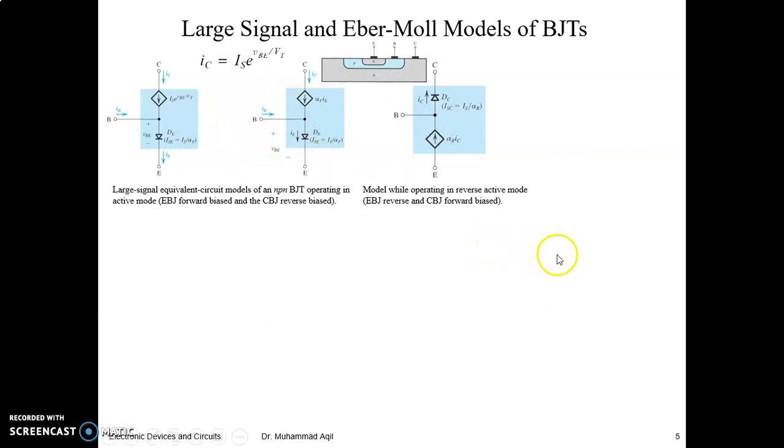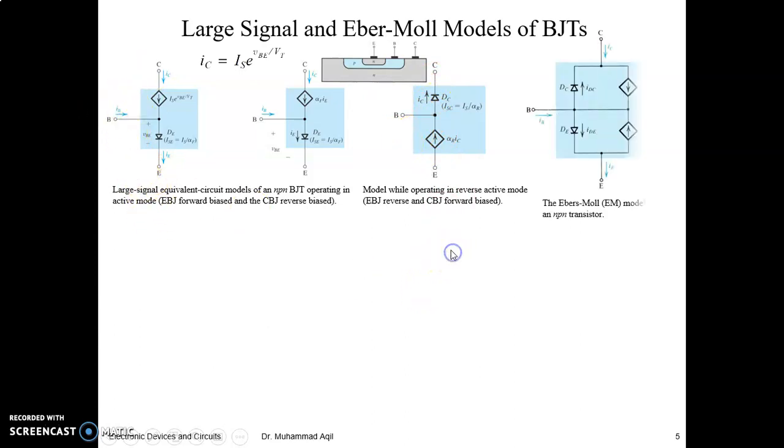So the Ebers-Moll model said that anyone can connect in this way, make this forward and this reverse, or this forward and this reverse, right? So they give a combined model of a transistor, named the Ebers-Moll model. Here it is for NPN, right? We have studied this.